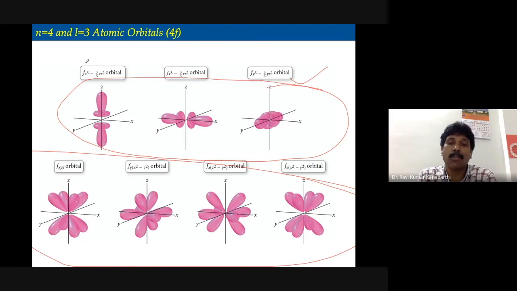There are 4 of this kind: fxyz is one, and fy(x square minus z square), fx(z square minus y square), fz(x square minus y square). These are the 7 4f atomic orbitals. These are plotted by a mathematical software, of course using the spherical harmonics.